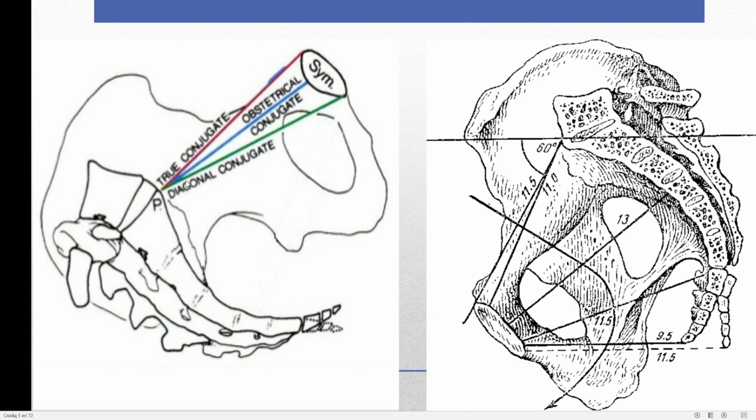The obstetrical conjugate is from the promontorium to the midpoint of the symphysis, and the diagonal conjugate is from the promontorium to the lower margin of the pubic symphysis. And as you remember, in the true pelvis we have 4 planes: inlet, cavity, obstetrical outlet and anatomical outlet.